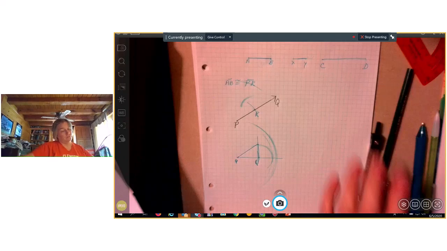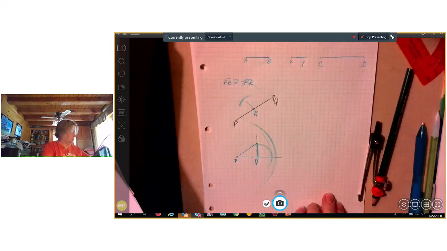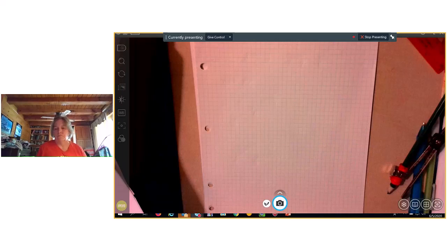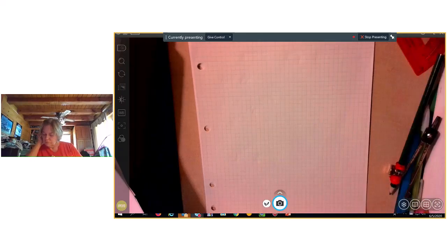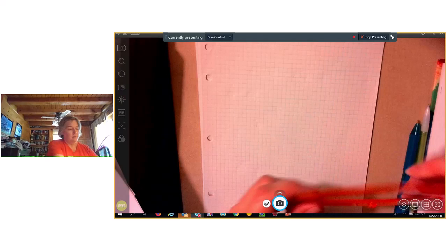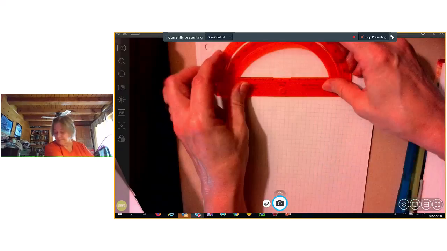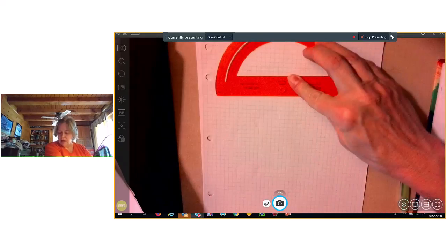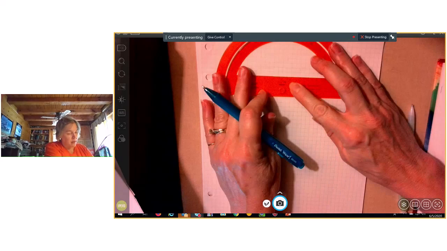Let's go to step 2. So we're constructing an angle now. Just get a straight edge and construct a ray.